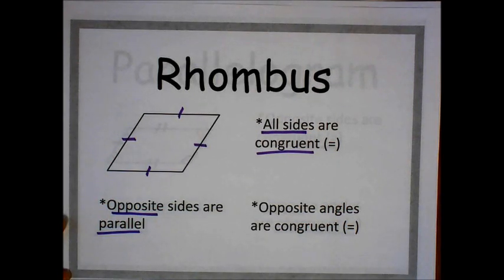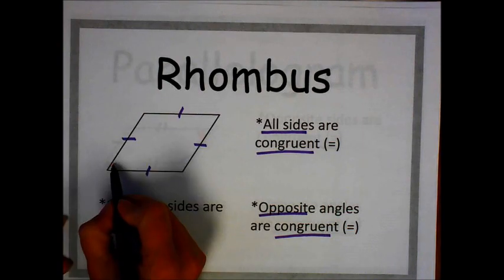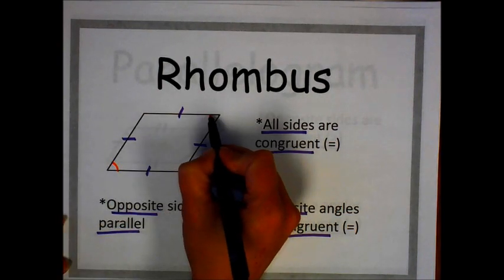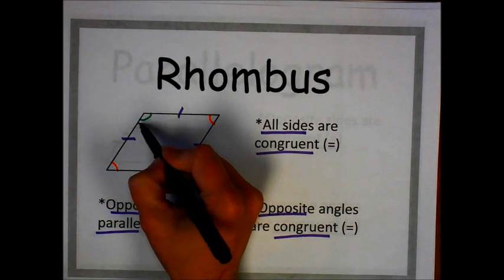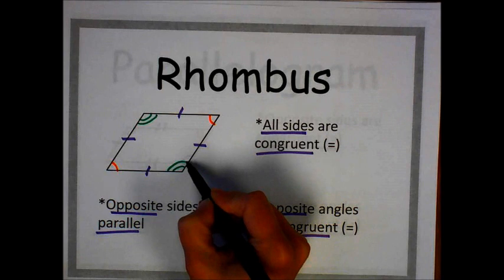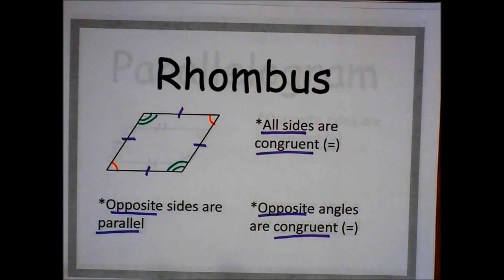Just like all of our other shapes, it has opposite angles that are congruent. So, this acute angle is the same degree as this acute angle, and this obtuse angle has the same measurement as this obtuse angle.